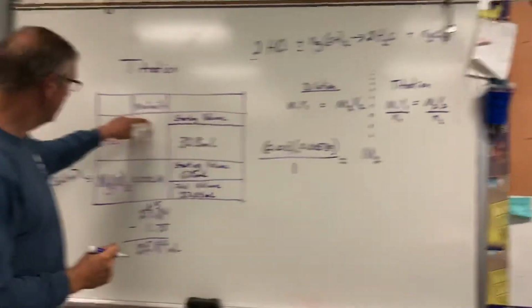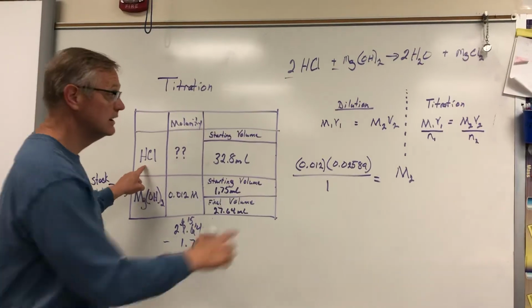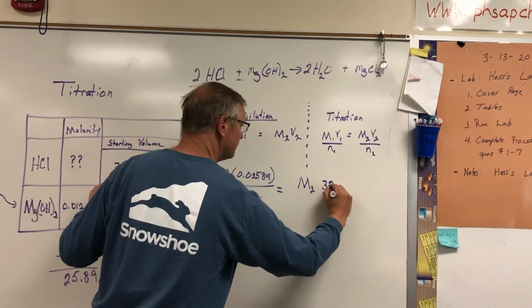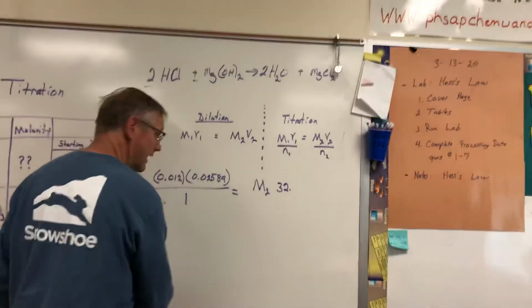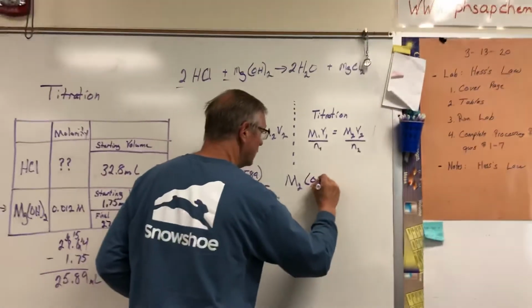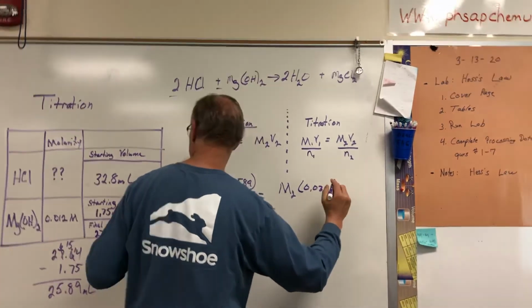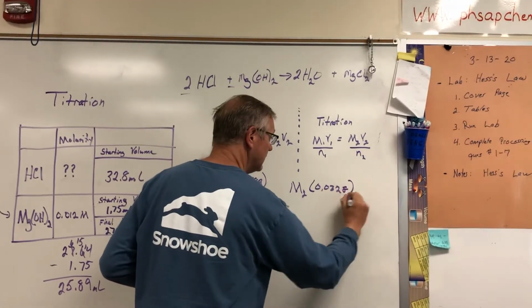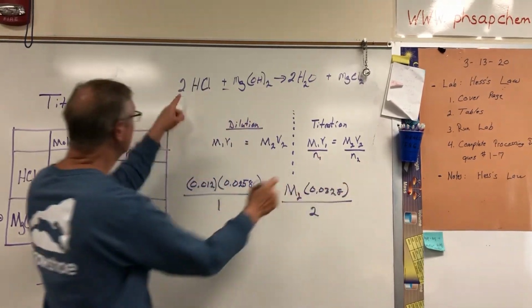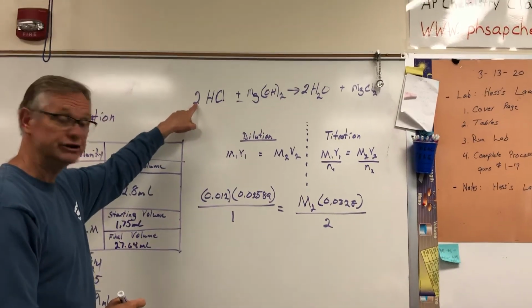What is the molarity of the acid? So now I'm going to come back over here and say I started with 32 point, have to change that into liters. I have 0.0328, and then this time it's divided by the number of moles of my acid, which is 2.